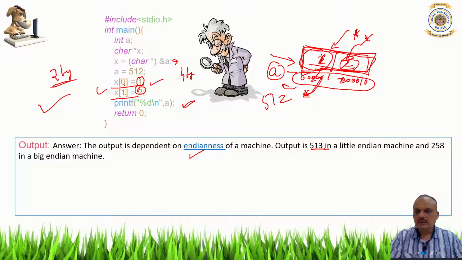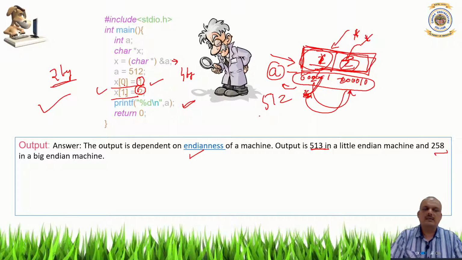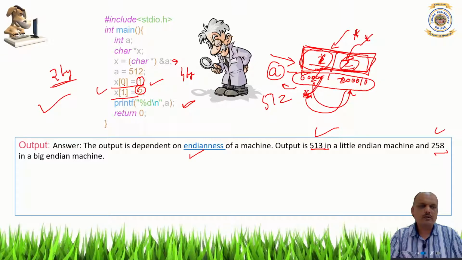If you have a machine which follows big endianness, then probably you might have got it as 258, because the bytes get swapped. So that's what is happening in this piece of code. You might have either got 513 or 258 and would be wondering what is actually happening in this piece of code.